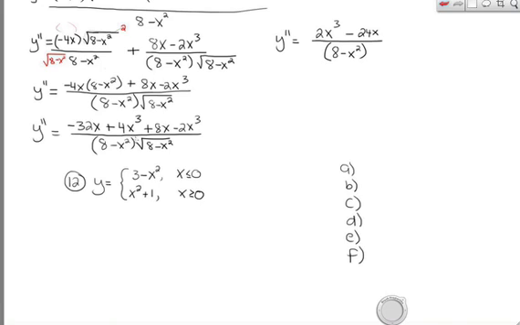This guy's to the first power, this guy's to the 1/2 power. The rule says if you have the same base, we can add the exponents. So 2 halves and 1/2 makes 3 halves. And this is as good as I'm going to get the second derivative.